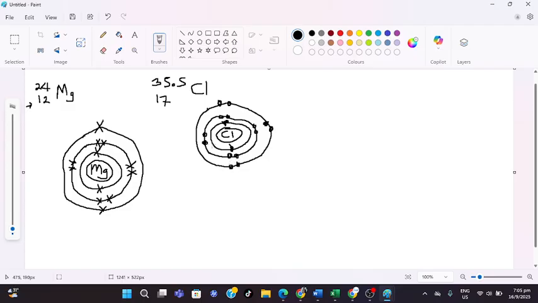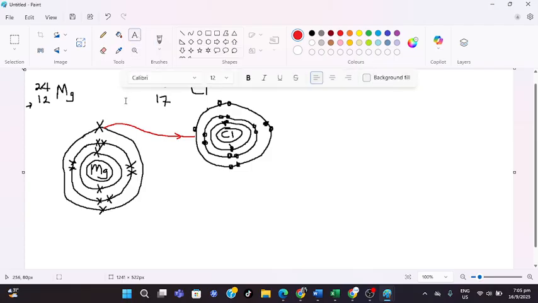Now let's look at what happens when I have a transfer of my electron right here, and this one goes here. Transfer of electron. We know this is magnesium.